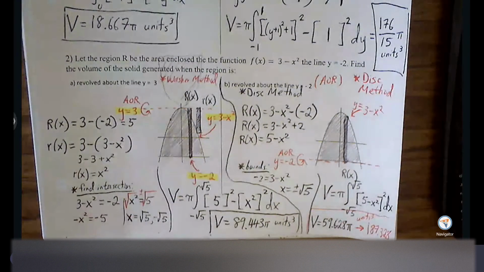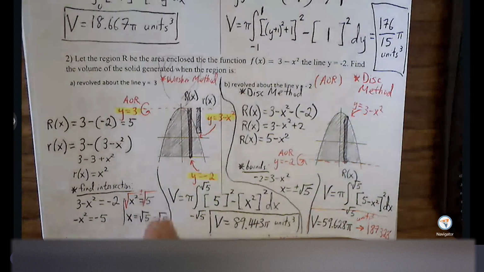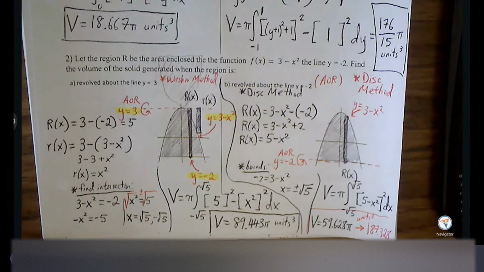But Monday we need to do cross-section volume, which is a different perspective, but I'm going to try to bring in a lot of things that we did with this method and the washer method to draw that connection. A lot of what we're doing is going to be the same steps, just a different perspective, because we're not rotating anymore, but we're still going to rely on the top minus bottom or right minus left notation.